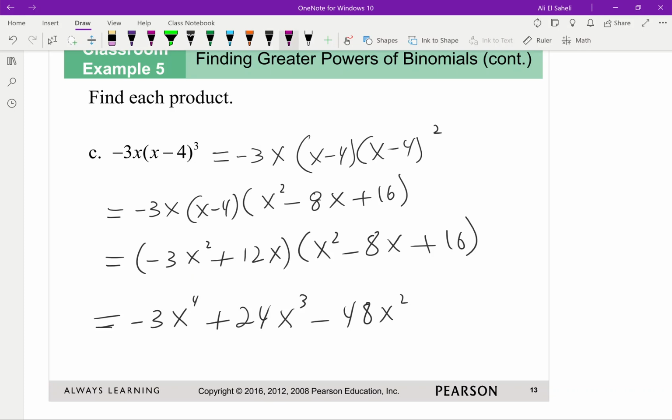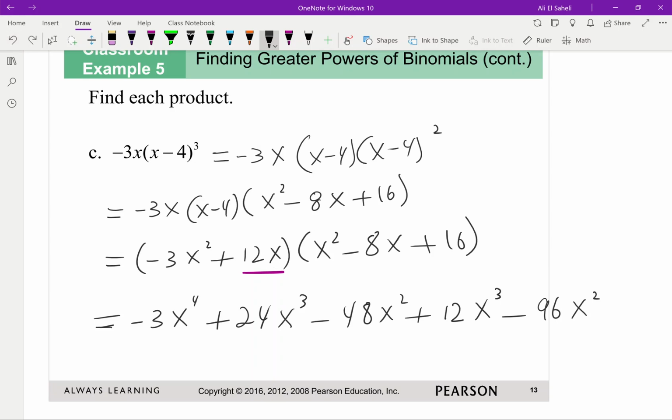Now we do this. 12x times x squared is plus 12x cubed. 12x times minus 8x is minus 8 times 12, so that's 96x squared, because you have x here and x here.